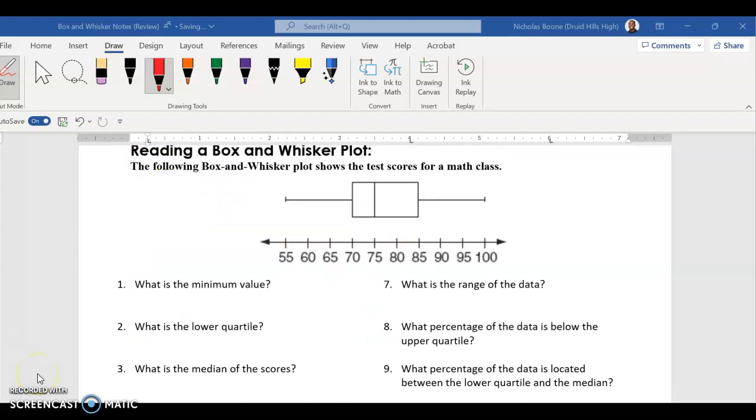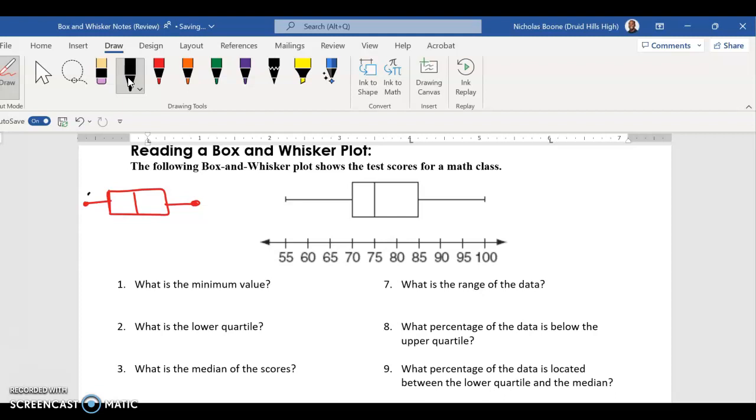All right, so now that you know how to create a box and whisker plot and how to identify the 5 summary statistics, I want to take a quick second to remind you of how to read a box and whisker plot. There's one thing I need you to add to your notes. Every box and whisker plot is broken up into 4 sections. What that means is that each part of a box and whisker plot represents 25% of the data.